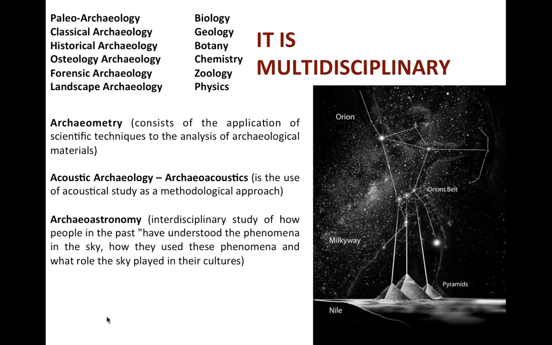A famous theory involves the pyramids in Egypt, specifically the three pyramids on the Giza Plateau. It is believed that these three pyramids are aligned to the three stars found in Orion's belt, not just in terms of their position as Orion is rising in the east, but also in terms of its general layout, corresponding to the layout of the stars found in the sky.